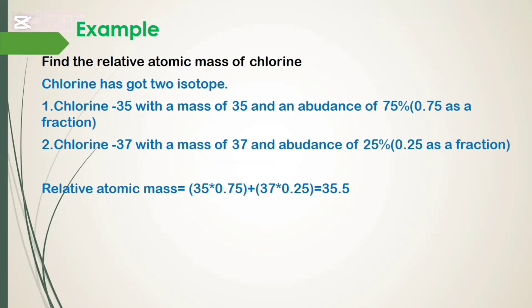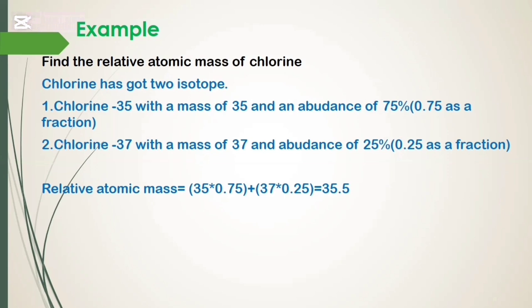Because now we know that the chlorine atom has 2 isotopes, we multiply the mass of each isotope by its fractional abundance. So we multiply 35, which is the mass, with 0.75, and the mass 37 is multiplied by 0.25. After multiplying these two, we add the results to get the relative atomic mass.